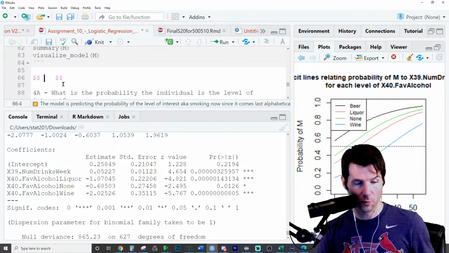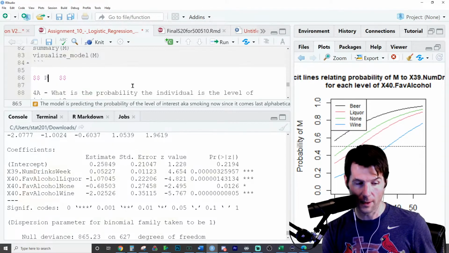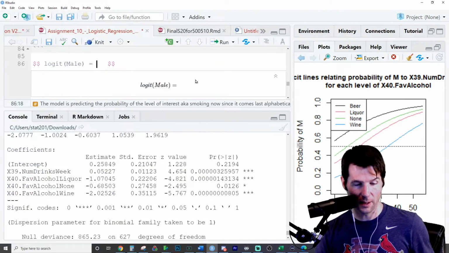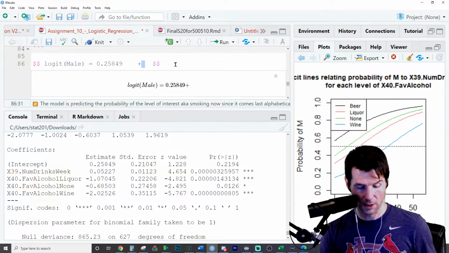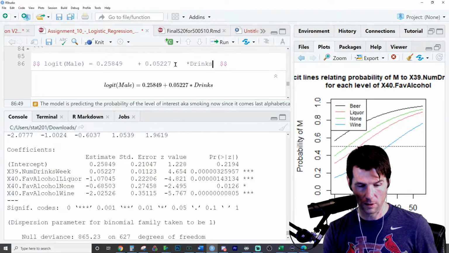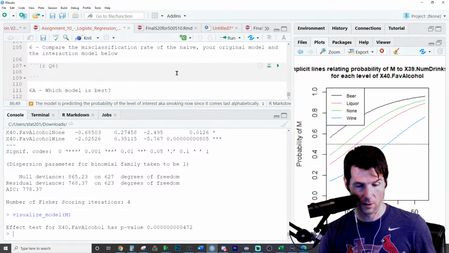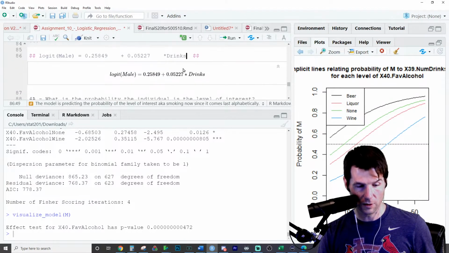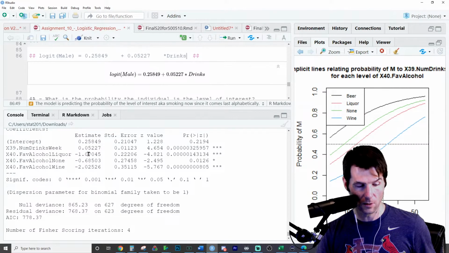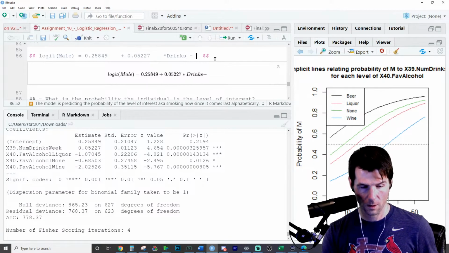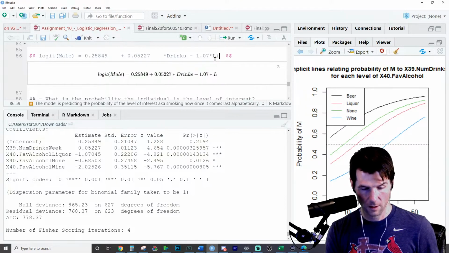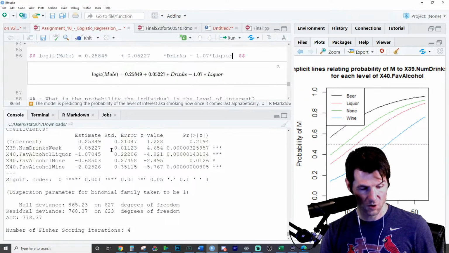We're going to get the probability, or rather the logit, of male, which it will solve for. The logit of male is equal to the intercept plus, and then we'll just say drinks. We need to decrease the font size. So the drinks right here, and then this is liquor, minus this times liquor, sure.